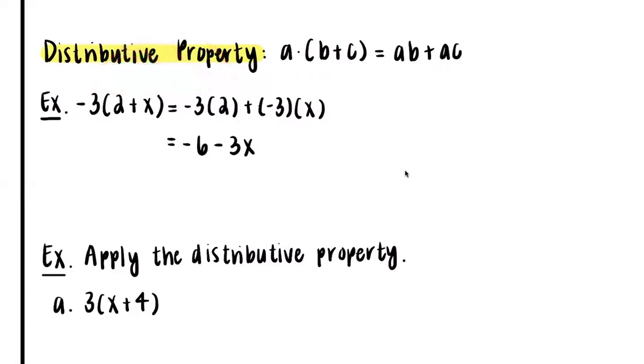Sometimes these arrows are super helpful, but that's the biggest thing: you have to distribute to every term within the parentheses. Once we multiply -3 times 2, we get a product of -6, and then -3 times x is -3x. So this would be the finalized answer from distributing.